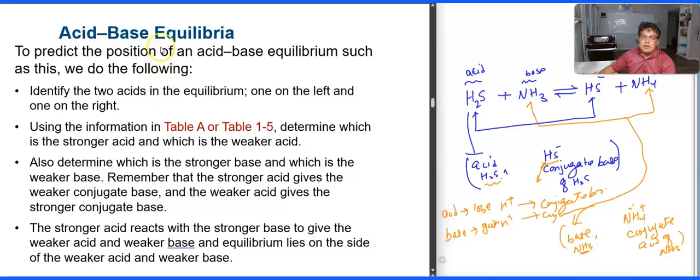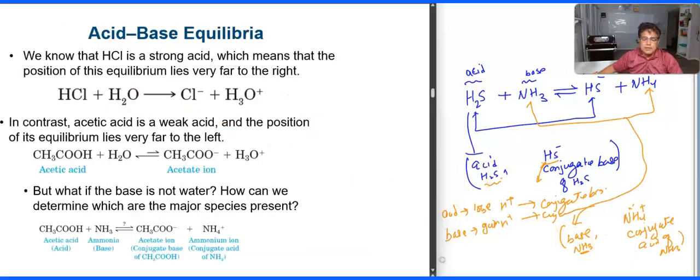Now again, to predict the position of an acid base equilibrium such as this, we do the following. Identify the two acids in the equilibrium, one on the left hand side and one on the right hand side. So if you go to the previous slide, we identify which is base and which is acid on the left and right.